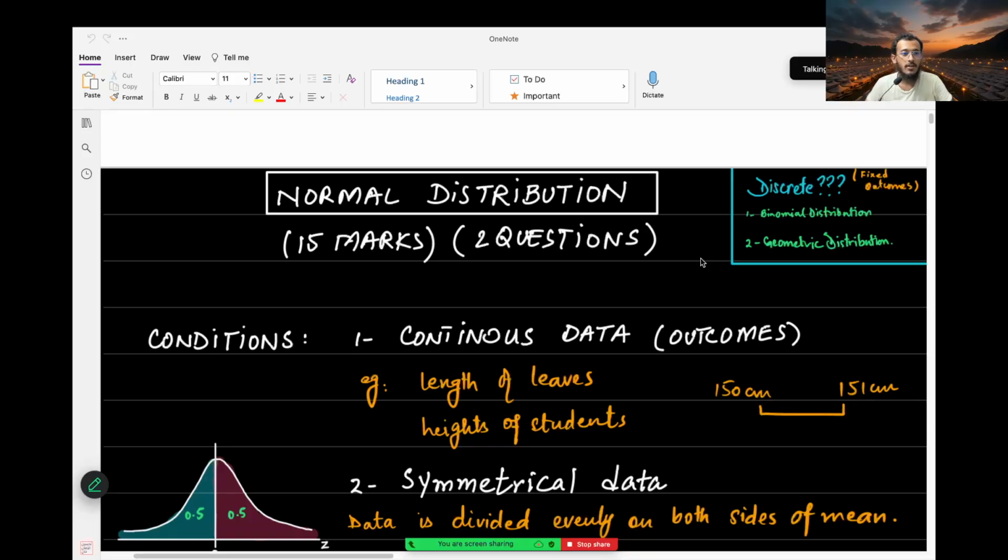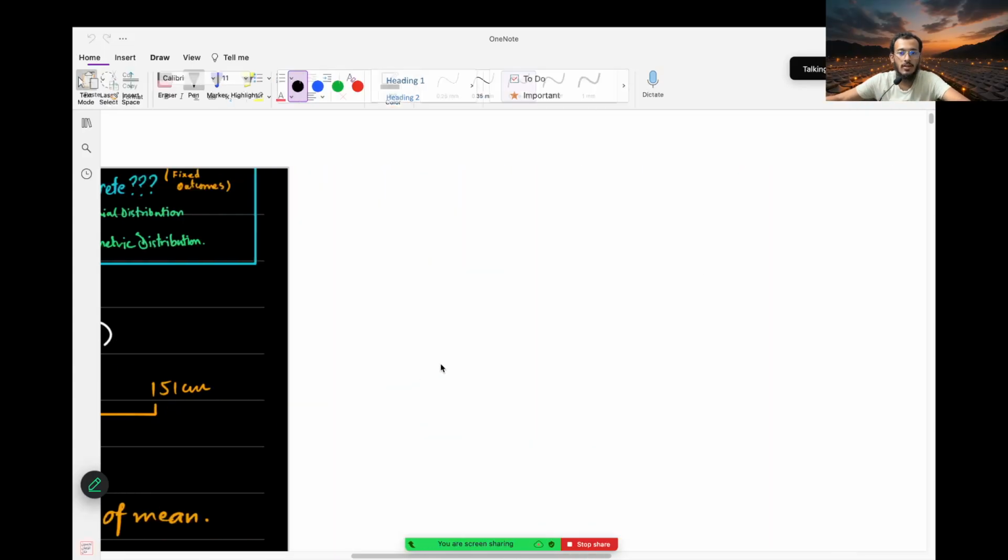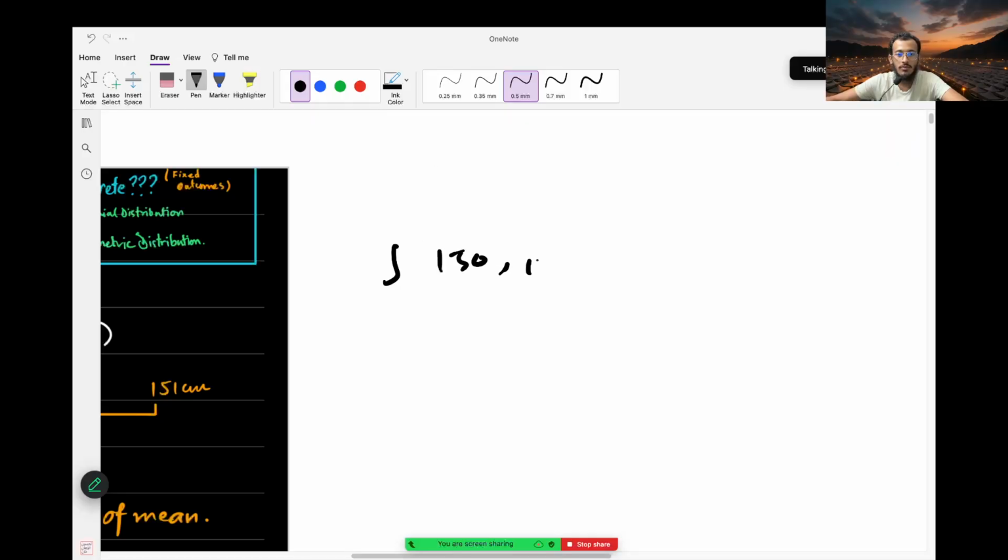You can have a particular range, but for the very specific value you cannot restrict it to a limited set of values, okay? Only a fixed set of values, let's say 150, and then 150.5, 150.25, how much, how longer can you go? You can go for infinity.